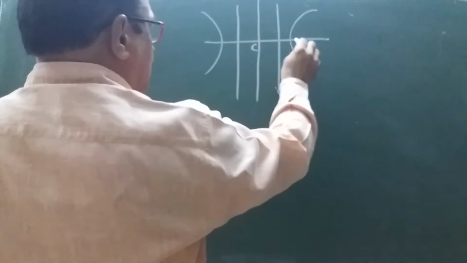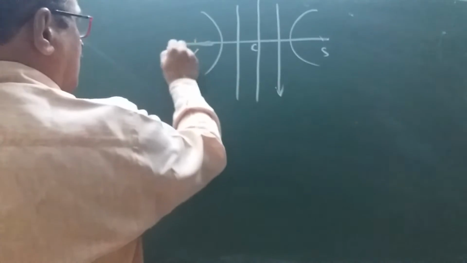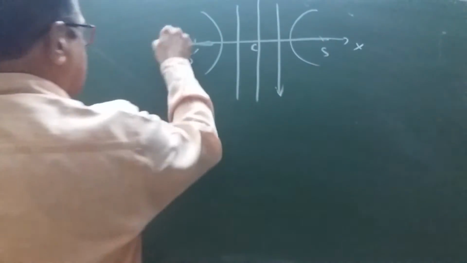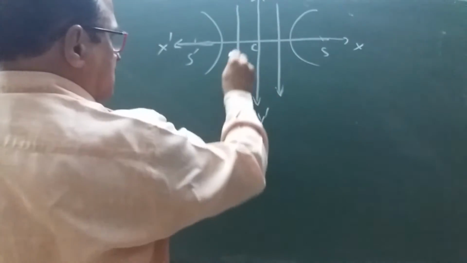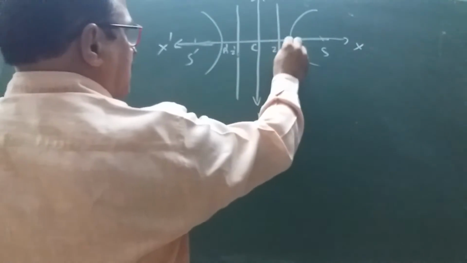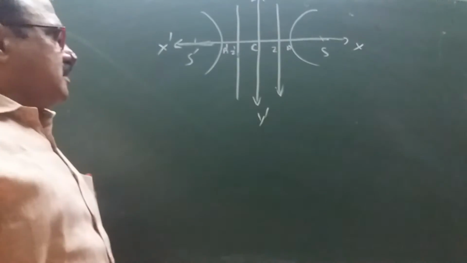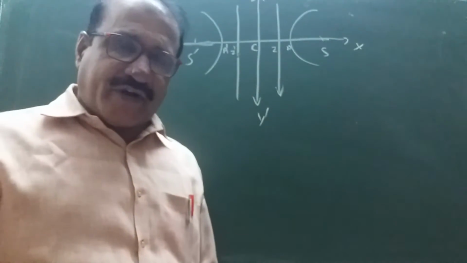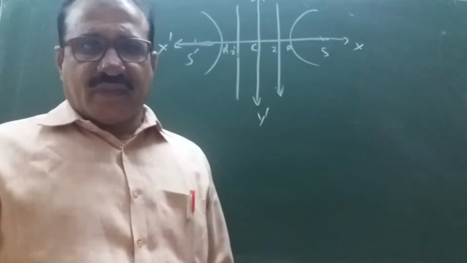This is the center C, this is S, this is S dash, X axis, X dash, Y axis, this is Z, Z dash, A dash, A. Then A and A dash are the intersecting points on the X axis by the hyperbola.